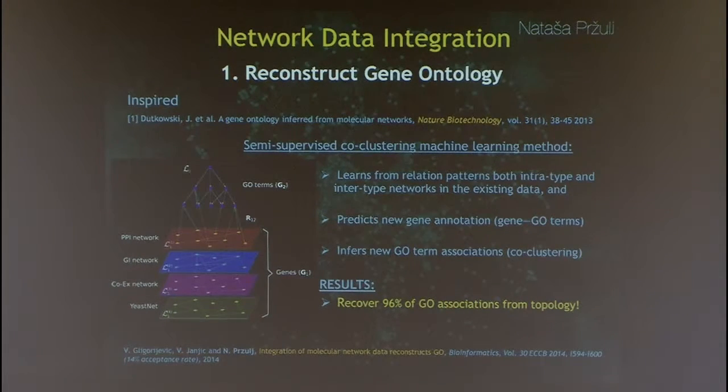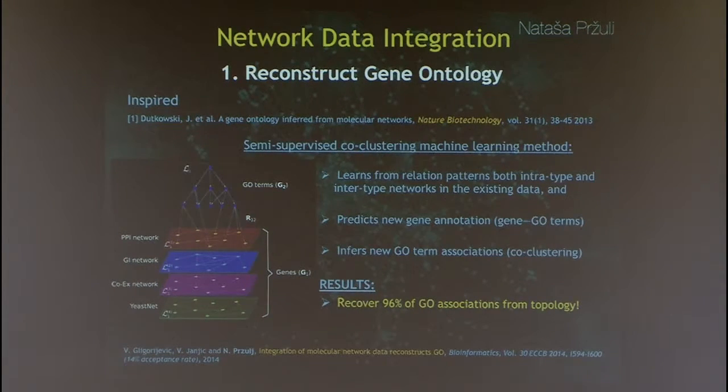And unlike Trey's approach, we used the semi-supervised co-clustering machine learning method. And that method learns from the relation patterns both within the same type, and the types that we fused here are PPI network, genetic interaction network, co-expression network, and YeastNet. So this is yeast. Okay, so one data type is genes or gene products, proteins, and various types of interactions on them.